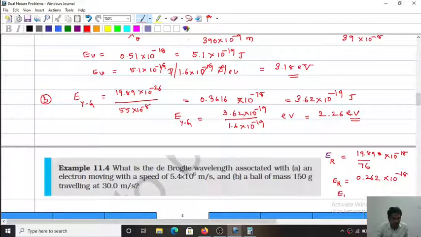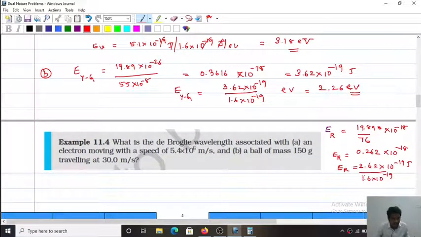So we can write it as 2.62 into 10 power of minus 19 joules. When it is converted into electron volts, we have to divide it by 1.6 into 10 power of minus 19.